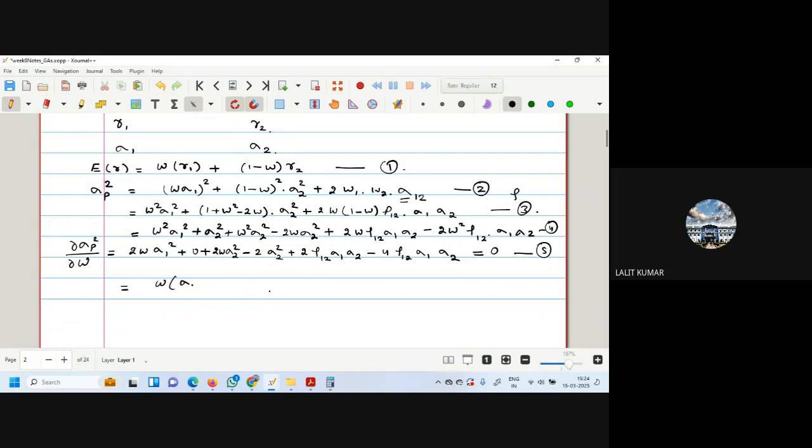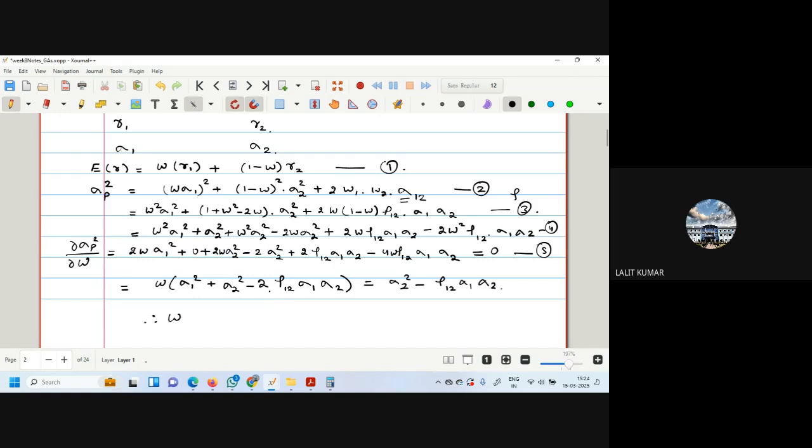This will become sigma 1 square plus, there was one W here also, sigma 2 square minus 2 rho 1 2 sigma 1 sigma 2 is equal to, when you bring it towards this side, sigma 2 square minus correlation coefficient 1 2 sigma 1 sigma 2.